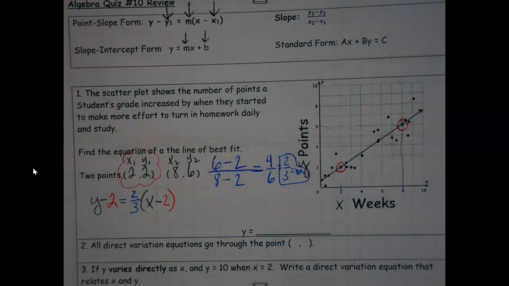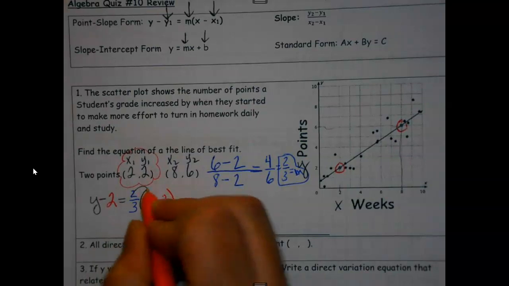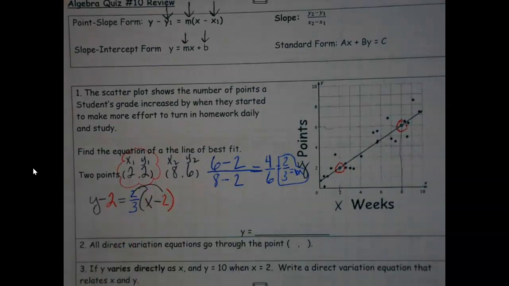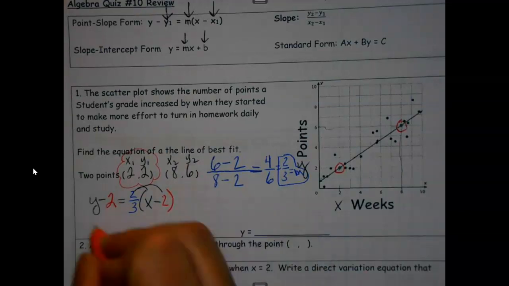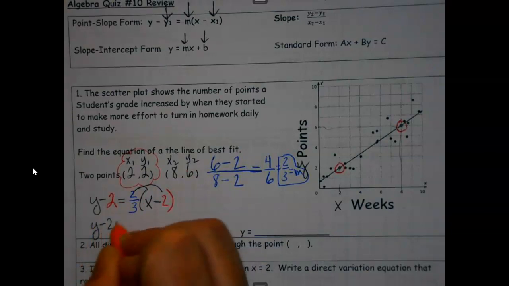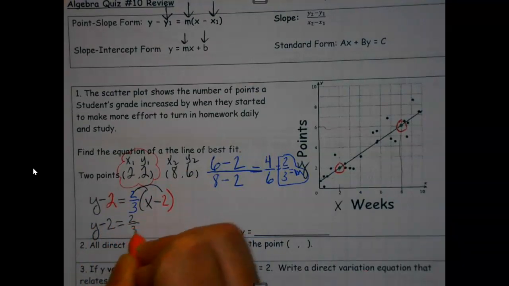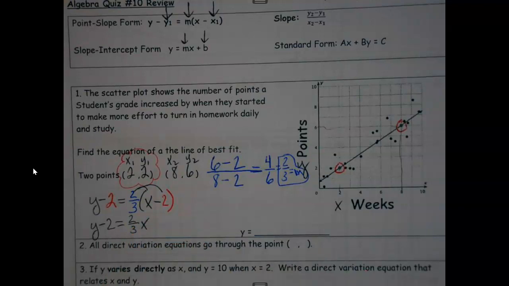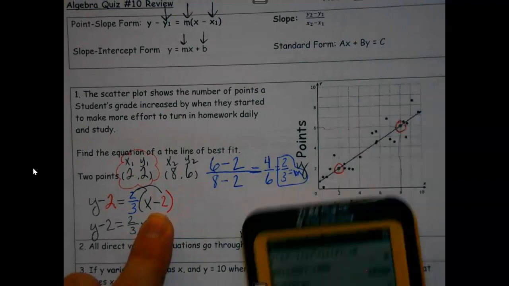So let's see here. A little bit of distributing action. Well, that's kind of funny. Okay. So I go along. And you're like, okay, Hardy, I don't know what that is.